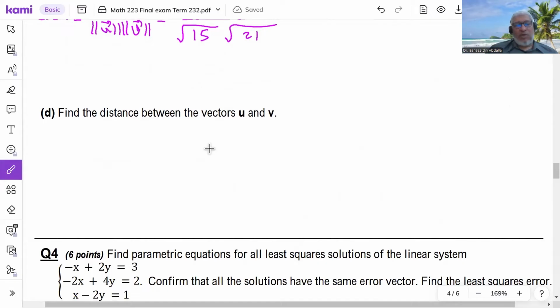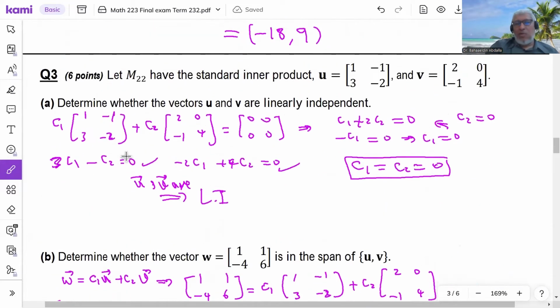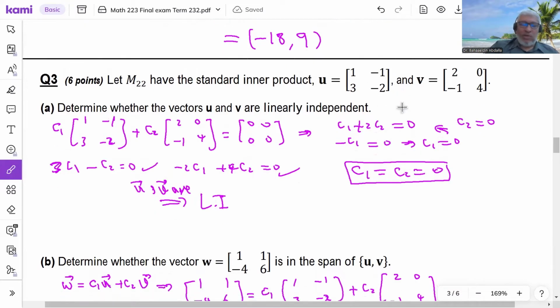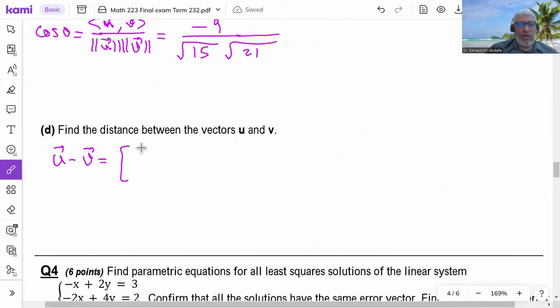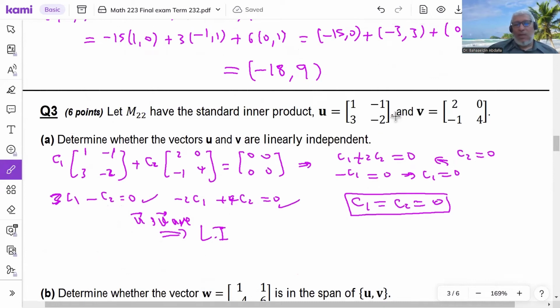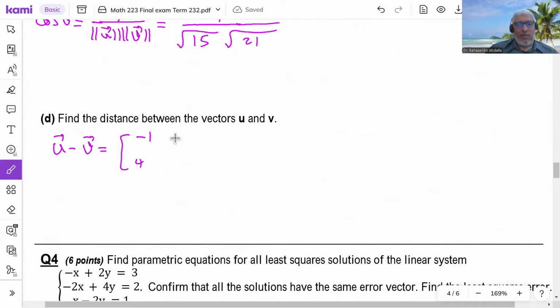Find the distance between u and v. To find the distance between u and v, I need to find first u minus v. So it would be a matrix: 1 minus 2 is negative 1. 3 plus 1 is 4. So here, negative 1 and 4. Negative 1, negative 2, minus 4 is negative 6. So negative 1 and negative 6.